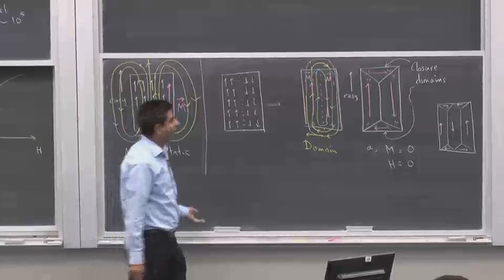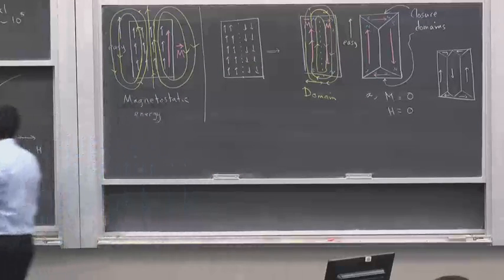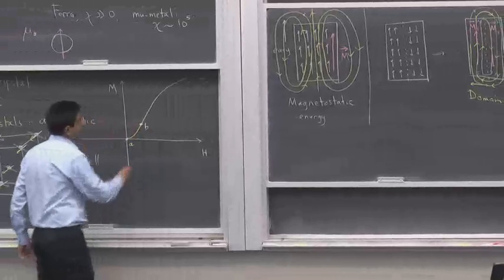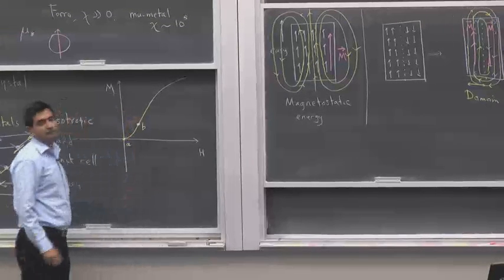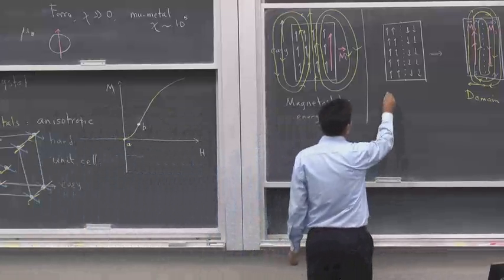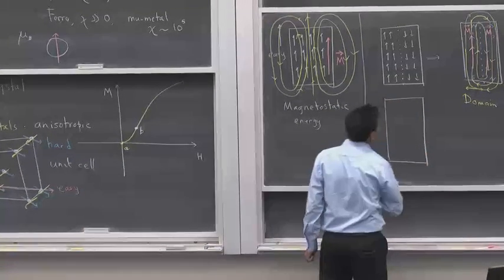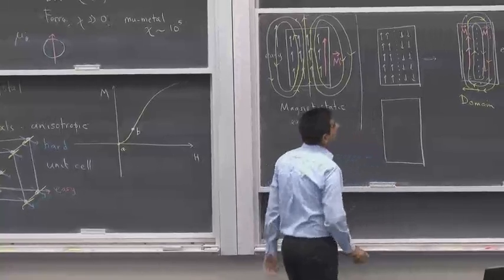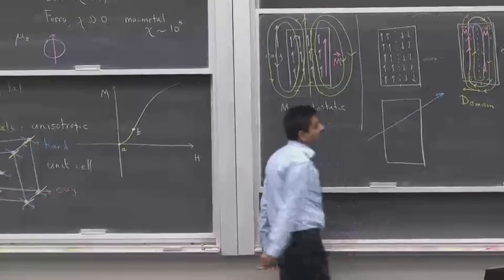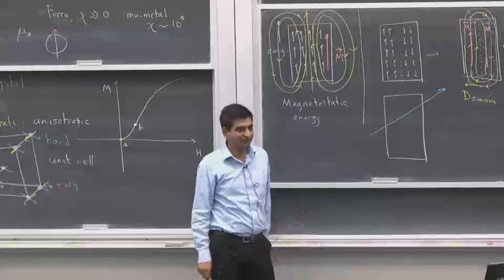Now what I would like to do is find out what's going to happen at another point, say point B. There will be lots of sketches today. Suppose my applied field H is along this direction. It's not along an easy axis.